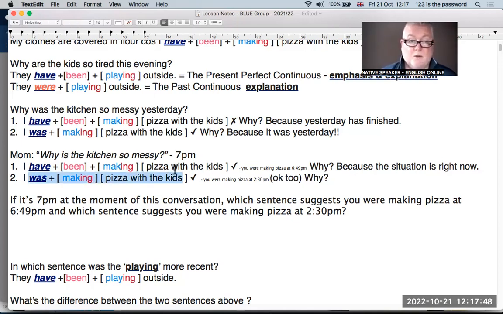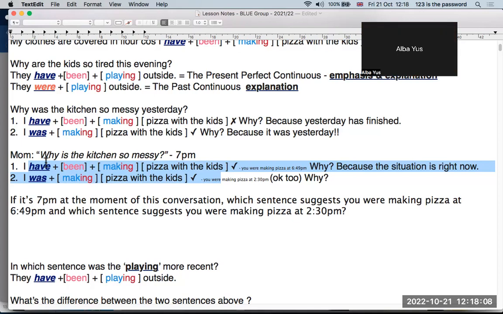This one is closer in the past. Sometimes do you care? Maybe not. Maybe you say, listen, that's not relevant. It's the mess maybe that I should be focused on. Maybe the mom is going, what the? Okay, maybe she's annoyed with you. But that's the present perfect continuous.